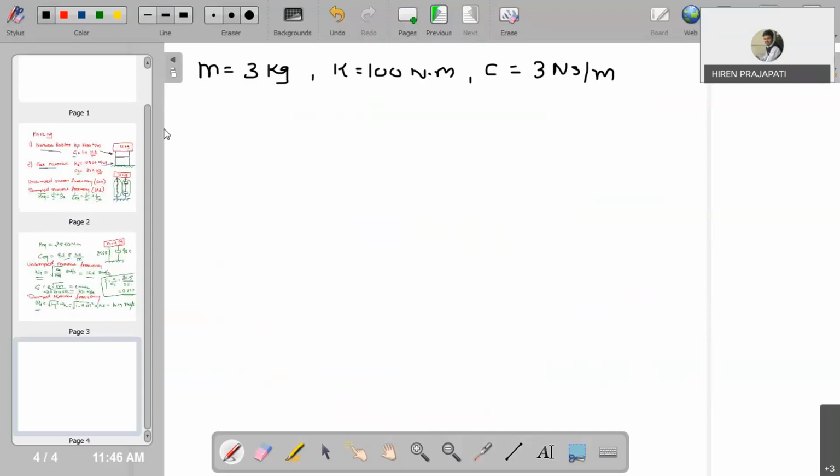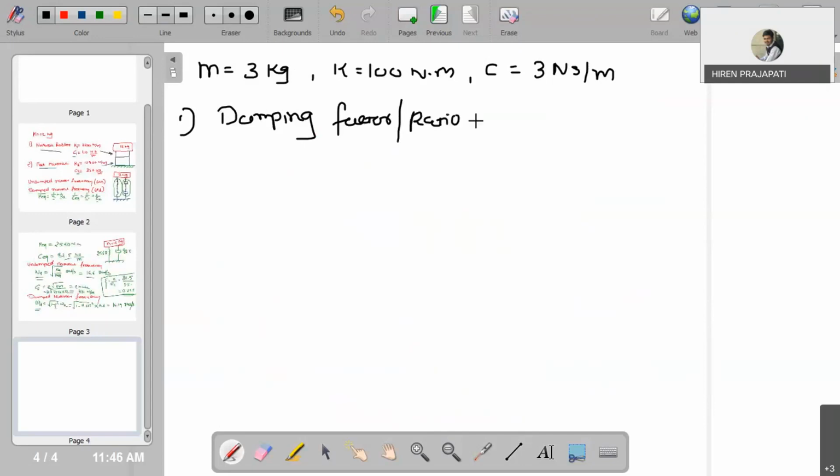Now it is asked to find out first the damping factor. Damping factor and damping ratio are both the same, please remember this.